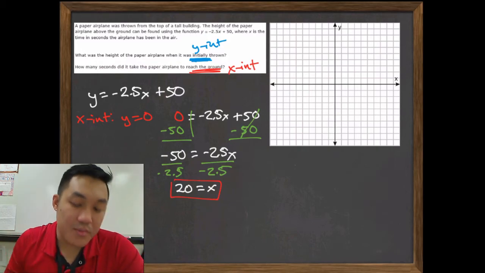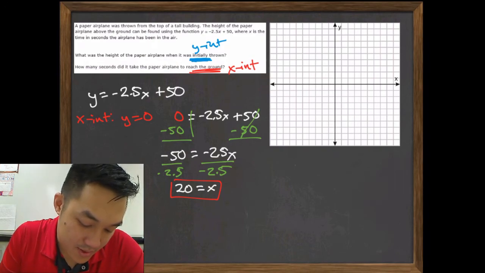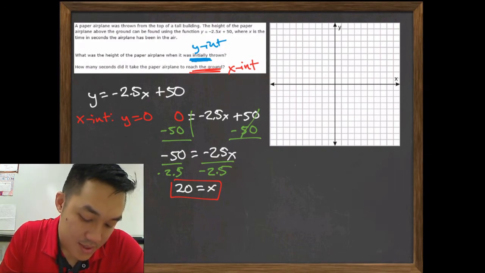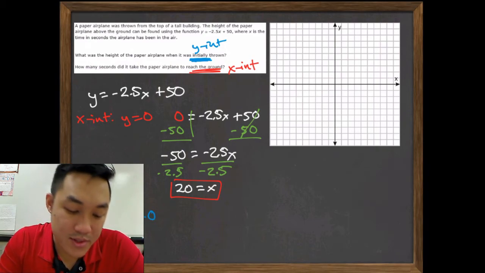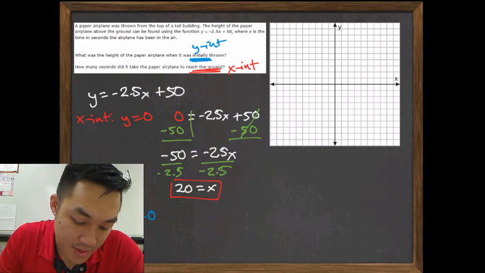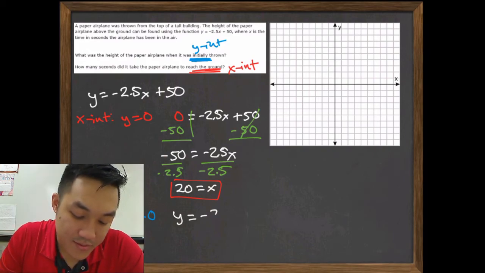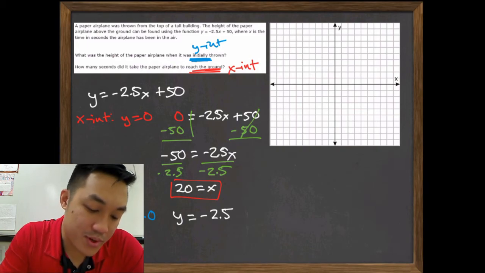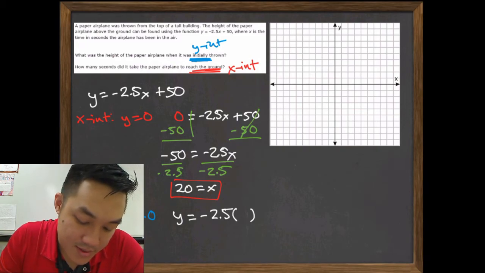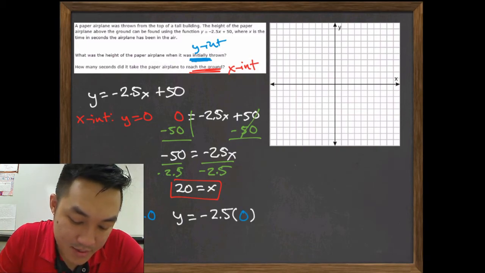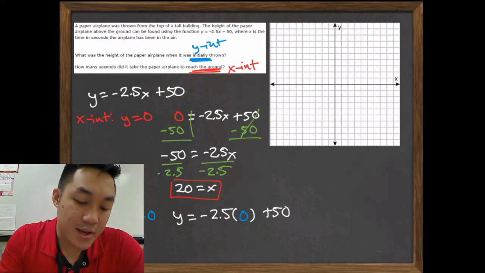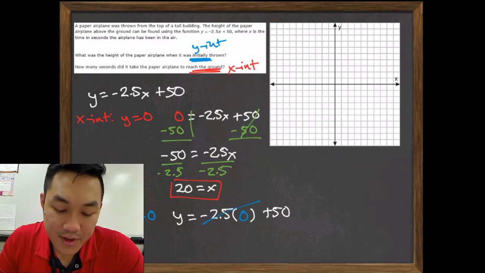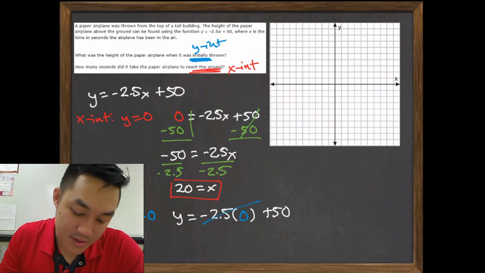And if I want to find the y-intercept, same situation, you've got your equation, but we have to plug in when x is 0. So if I write my original equation, but instead of writing x, I plug in a 0, you notice that negative 2.5 and 0 kind of cancels each other out.